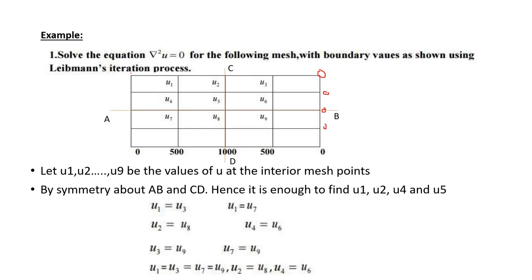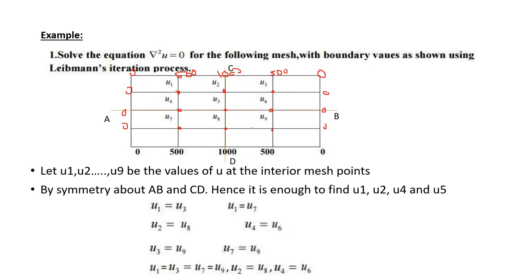Again the values will be 0, 500, 1000 and again 500. And these boundary values are again 0, 0, 0, 0. So this is U1, U2, U3, U4, U5, U6, U7, U8 and U9.